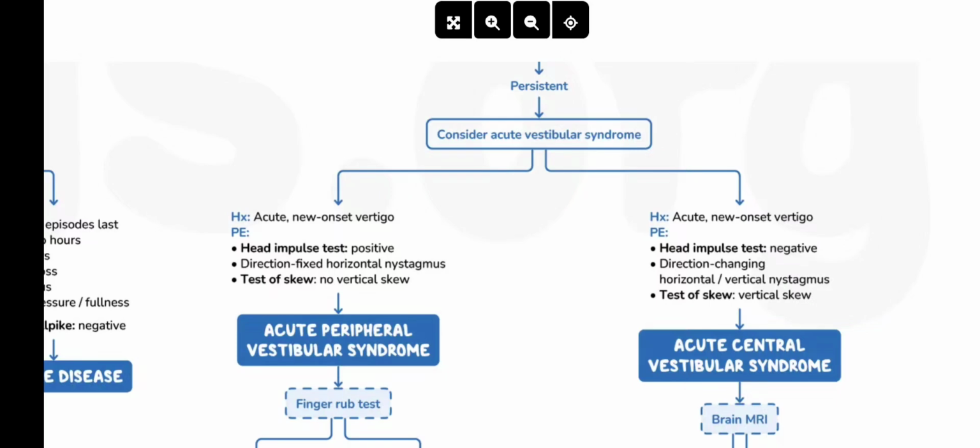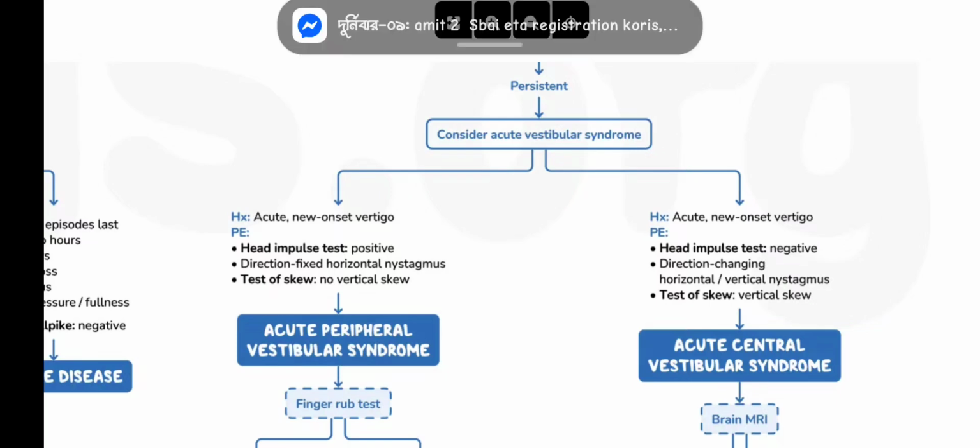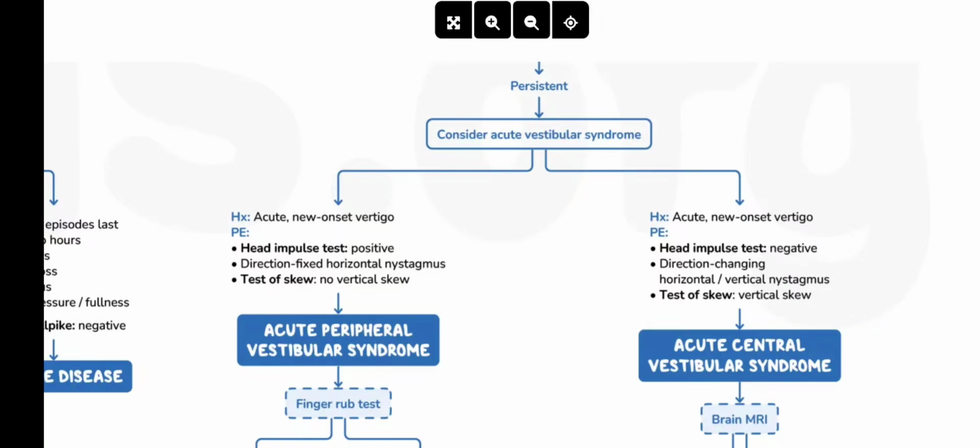If the head impulse test is positive, with direction-fixed horizontal nystagmus opposite to the affected ear, and no vertical skew, then it's a case of acute peripheral vestibular syndrome.